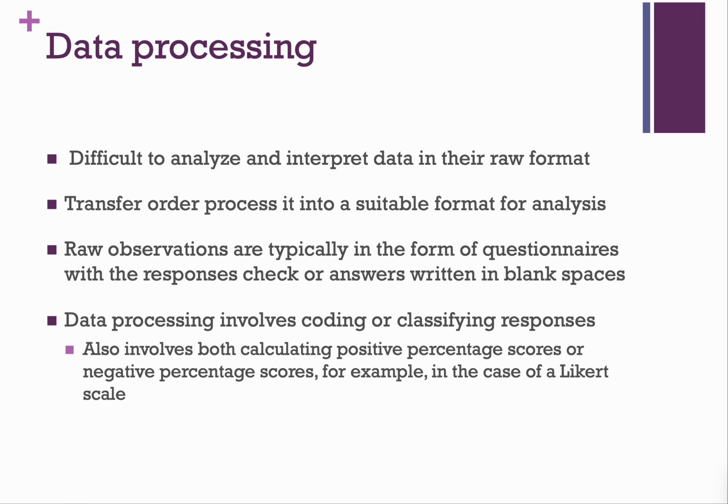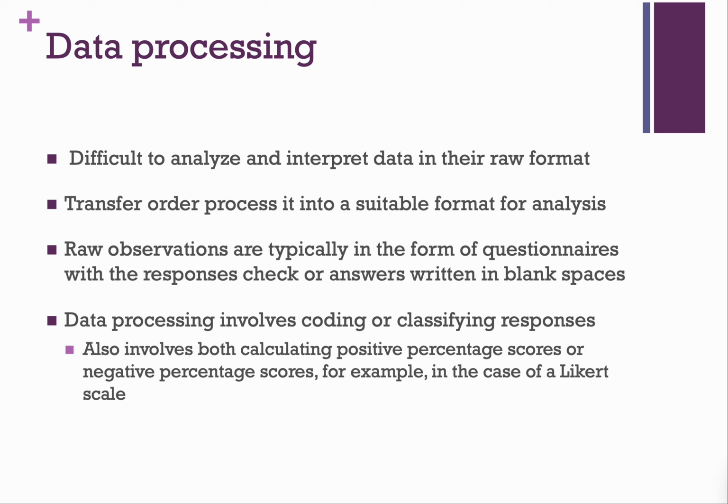Data processing is needed when data is difficult to analyze in the raw format. We want to clean it up and make it more manageable. So raw observations are typically in the form of questionnaires, where people check responses. So we want to start coding and classifying them. So let's say a survey is answered on a Likert scale from 1 through 5. So we start coding it.